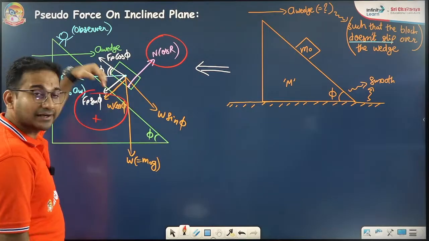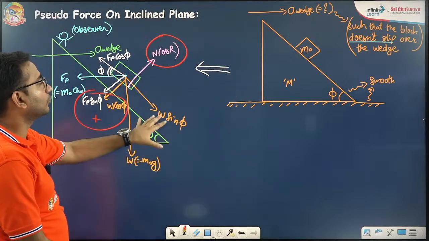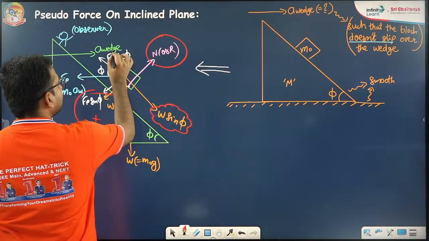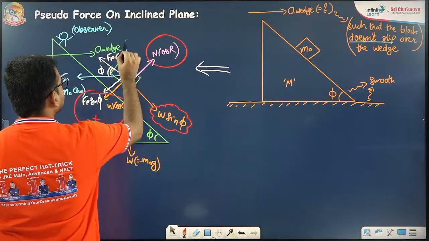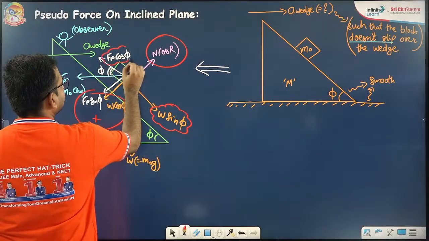But along the incline it had a liberty to move, and in the given situation you don't want it to move along the incline, which means this force must be balancing this one.